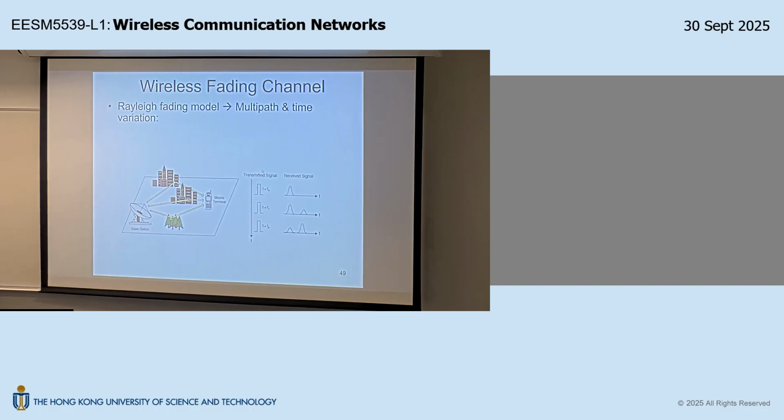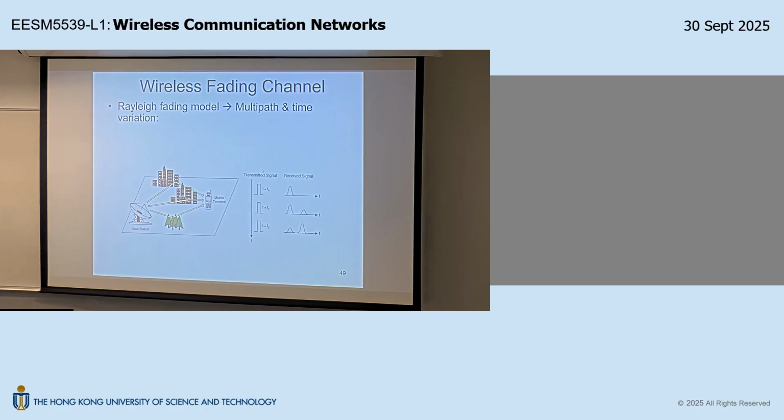So this is maybe the line of sight path, path 1. This may be the reflected path from a certain scatterer, okay? So, and the aggregate effect is the superposition of these different paths from the transmitter to the receiver, right?